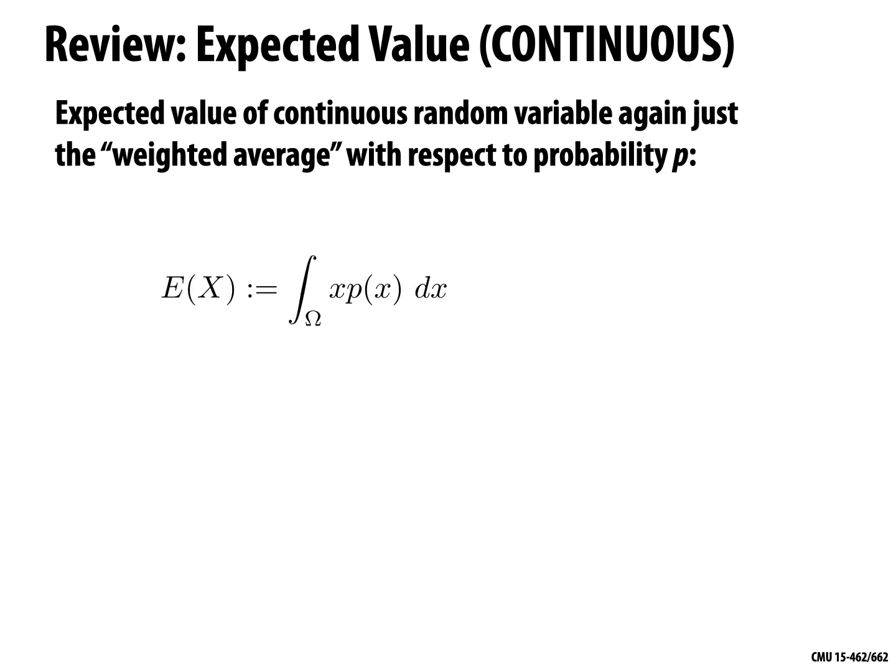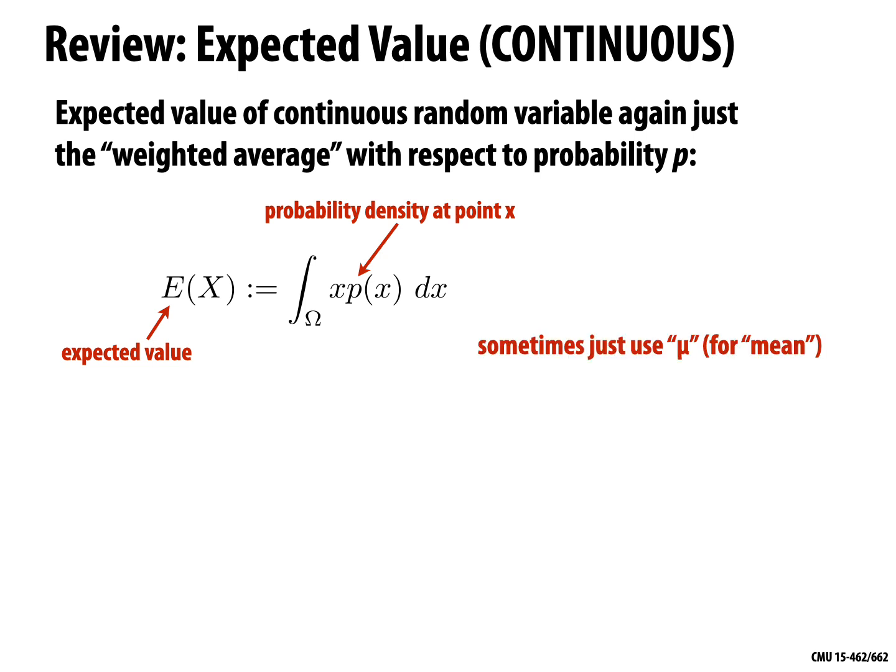So we could say that the expected value of a random variable x is the integral over the domain omega of the probability density at each point times the event value, right? And sometimes instead of E of x, we might just call this quantity mu, which stands in for the mean, kind of a weighted mean.